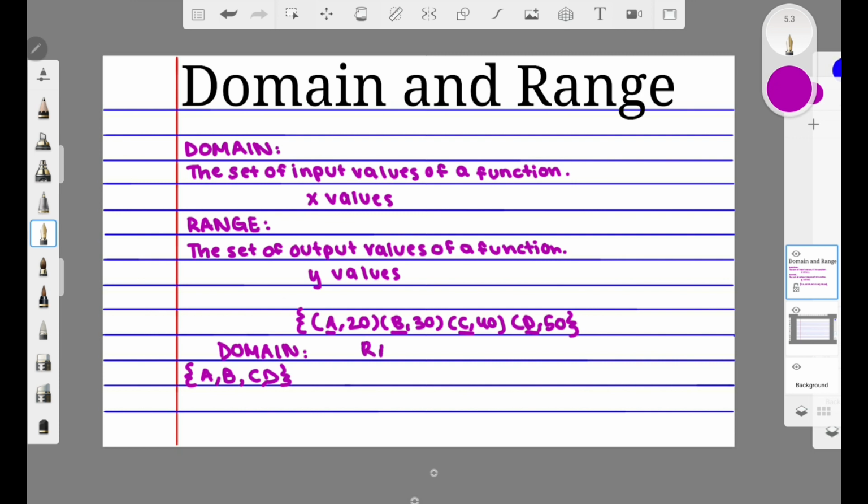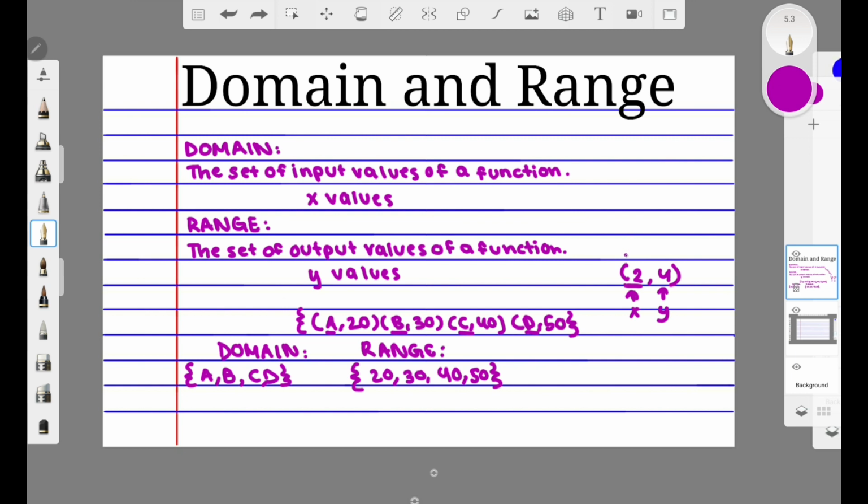And then for range, 20, 30, 40, and 50. So if you think about a graph and the coordinates that you're given on a graph, which usually look a little something like this, but they're usually numbers, like (2, 4), you know that the first is your x variable and your next one is your y.